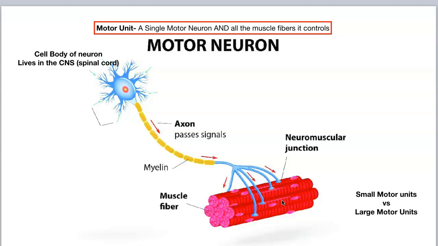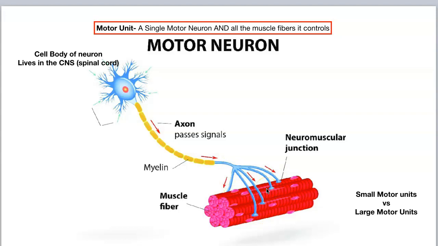Now, if you were kicking a football with your leg, that does not take precision. You want to use force. You are going to have a large motor unit. That motor neuron that's going to, say, your thigh muscles, it can branch into hundreds of little branches to go to hundreds of muscle fibers.